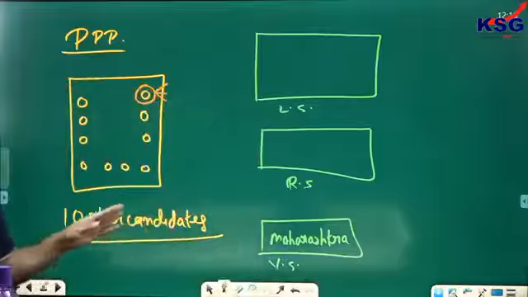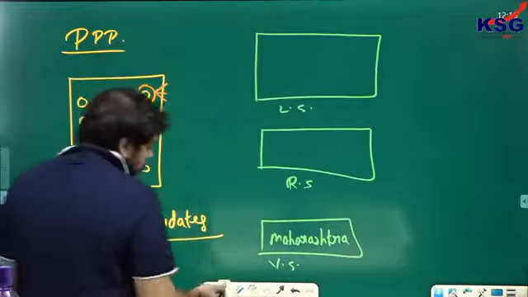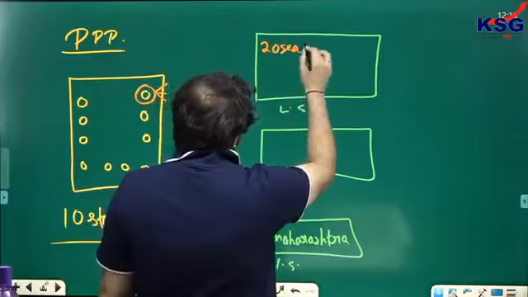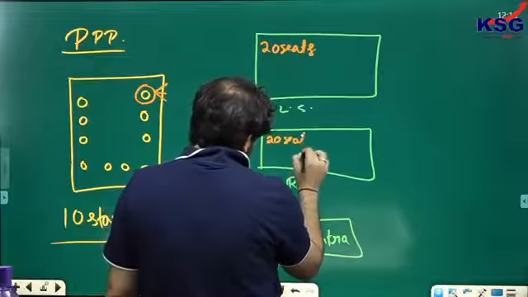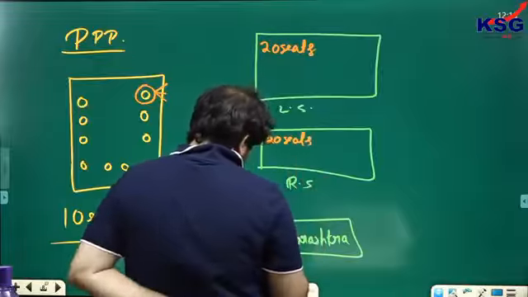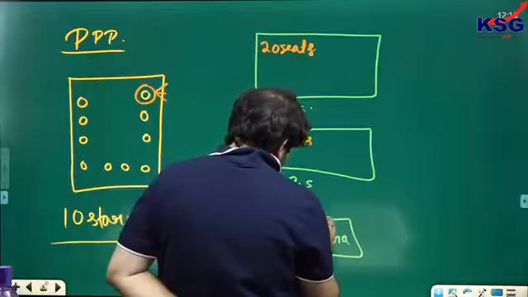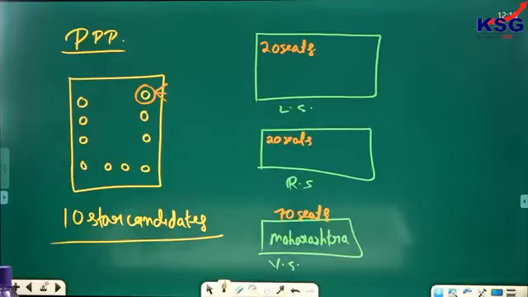Now, let's say this political party PPP is targeting 20 seats in Lok Sabha, 20 seats in Rajya Sabha, and 70 seats in the Maharashtra Legislative Assembly in the next elections.